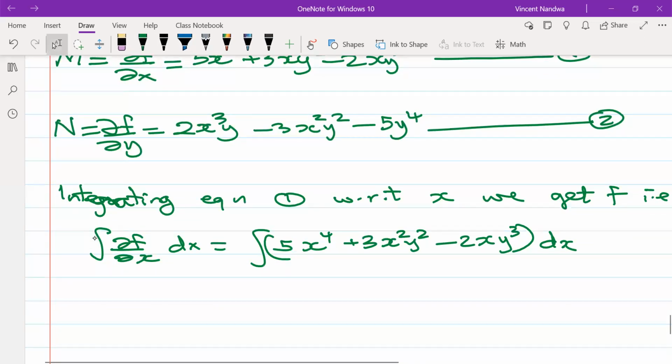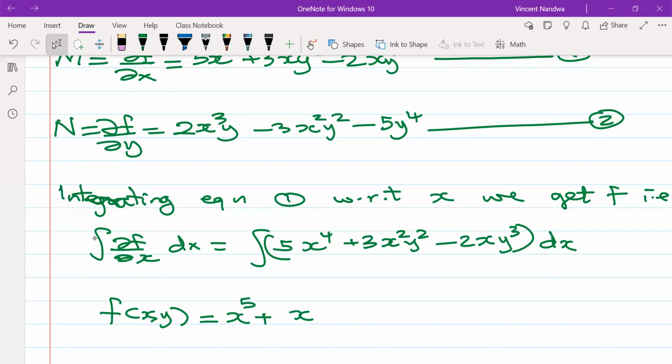So this and this cancel out, as integral and derivative are inverses of each other, so we remain with f. When you integrate this term, you get x^5, plus this term will give us x^3y^2.